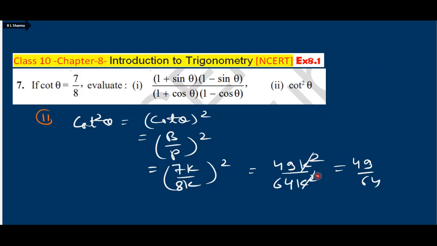That is 49 upon 64 answer. So this is the answer of the second part of this question. And this is question number 7 of exercise 8.1, class 10th, chapter 8, that is introduction to trigonometry.